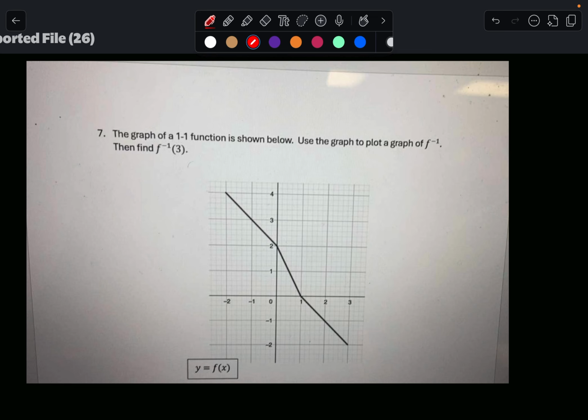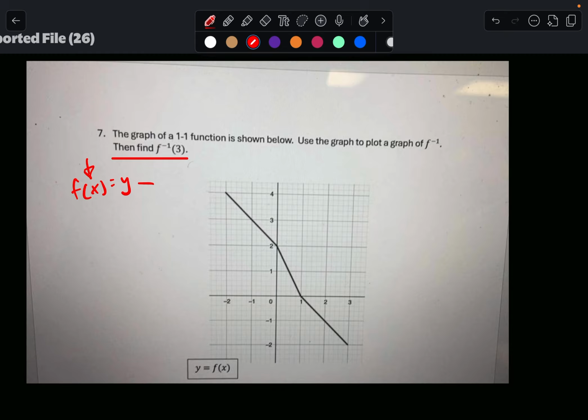Then we're going to need to find this value where the inverse of f is, well, we want to find y because f of x is equal to y. So we want to find when x is 3, what y is. Or no, sorry, we want to find what x is.